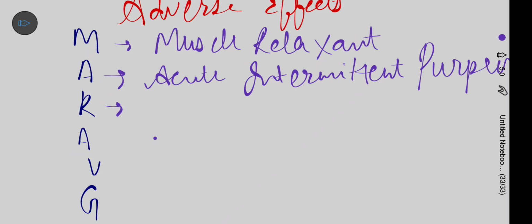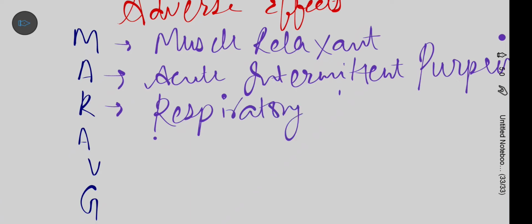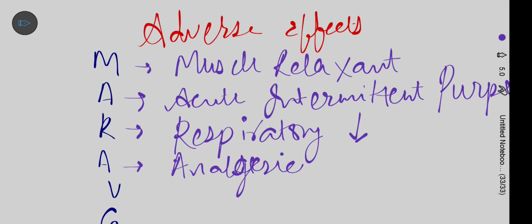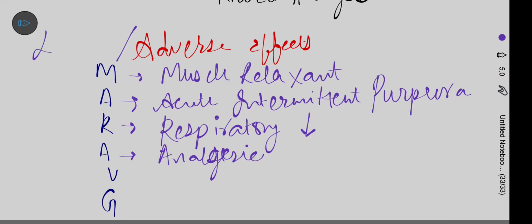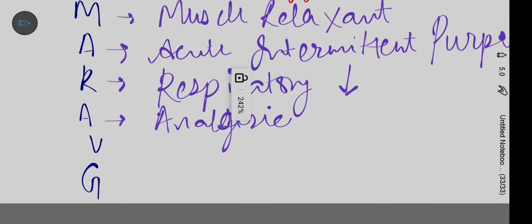R stands for respiratory distress. Again, A stands for analgesic. That is what we are using. It's both adverse effect and disadvantage, so we are using them combined, and we learn the disadvantages from the same mnemonic.